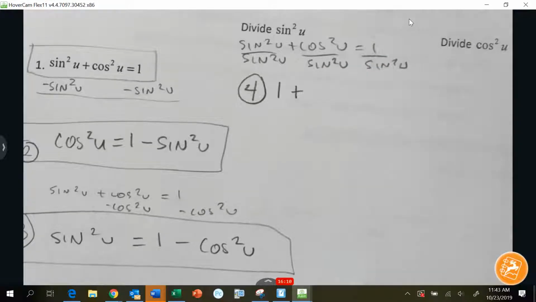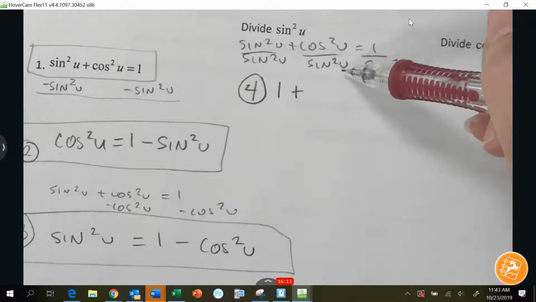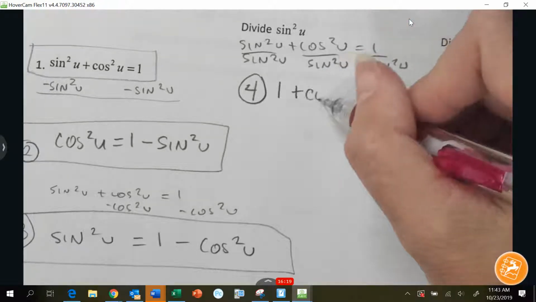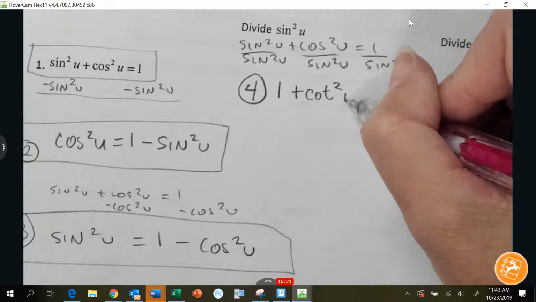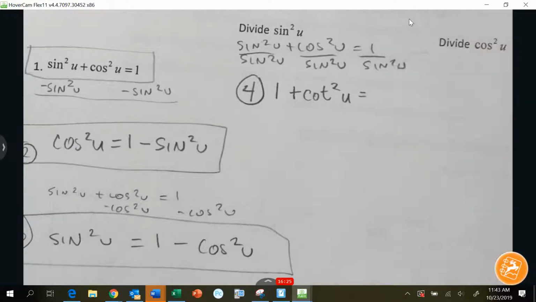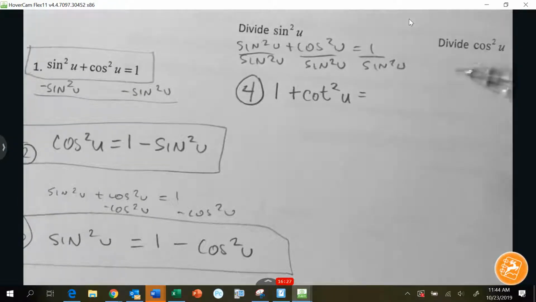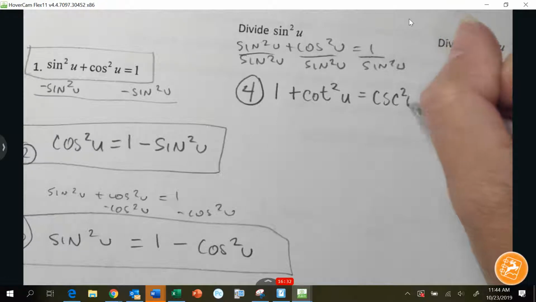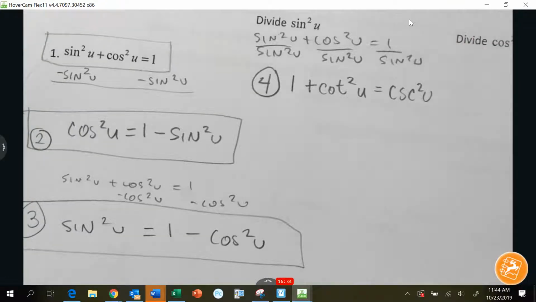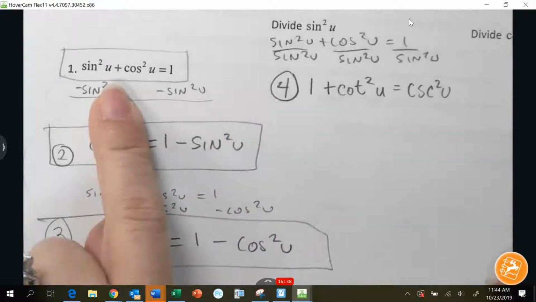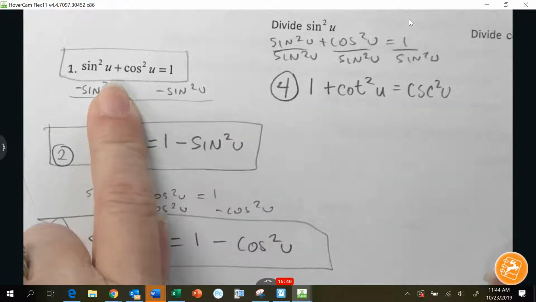Plus cosine squared u over sine squared u is something on the front page. Cotangent squared u. And 1 over sine squared u is something on the front page. Cosecant squared u.